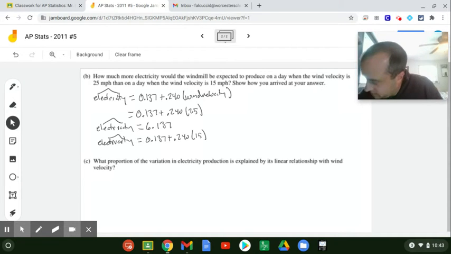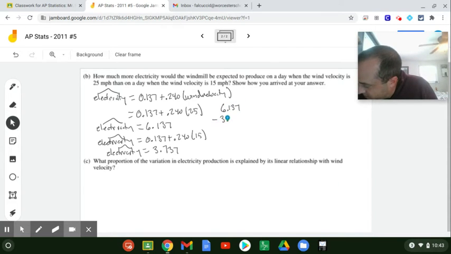Okay, I get my predicted electricity would be 3.737. Now, how much more are we expecting? Just subtract the two. So 6.137 minus 3.737, and I get 2.4.